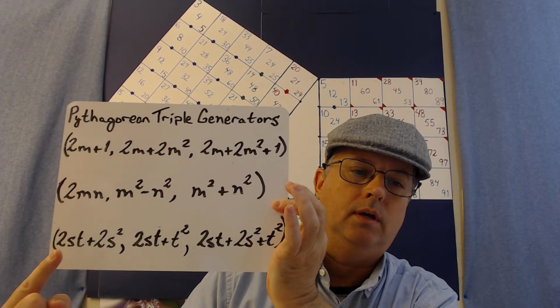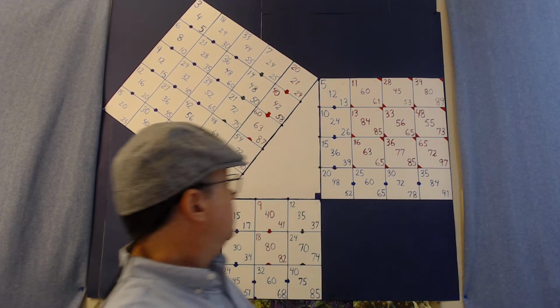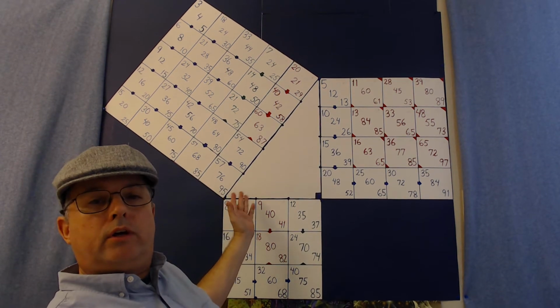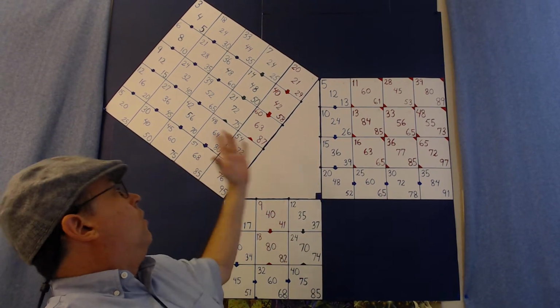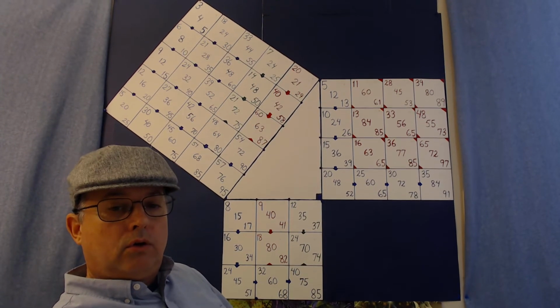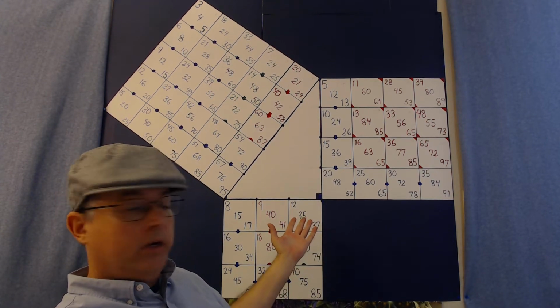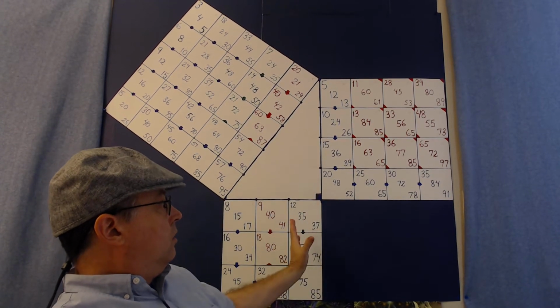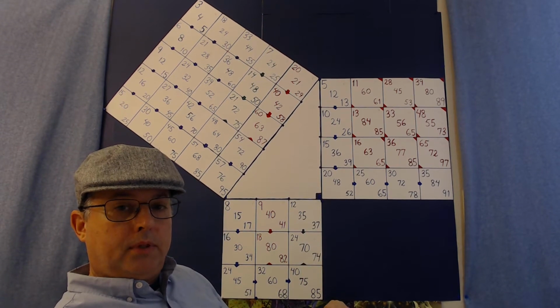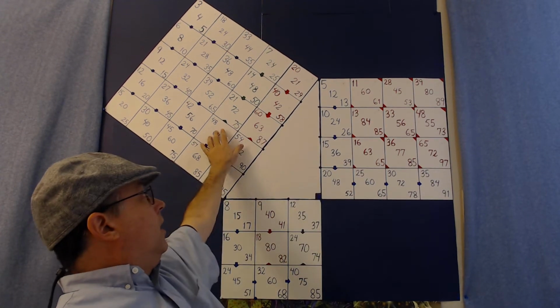Along with this illustration here, which shows how all the Pythagorean triples where the A, B, and C values are under 100 can be arranged in this nice 3, 4, 5 triangle arrangement.